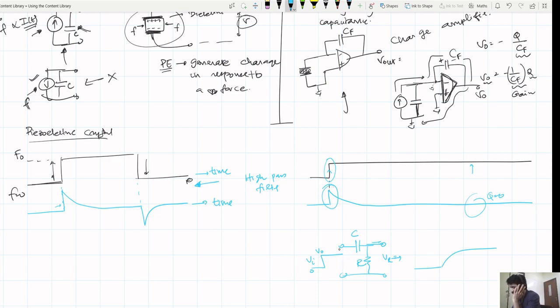The moment you switch on the voltage, the voltage difference across the capacitor is 0, so all the voltage appears across your resistor. Then the moment a current starts flowing, it starts charging the capacitor, and as the charge on the capacitor increases, there is more and more voltage drop across the capacitor. So the response, in fact, will look like this.